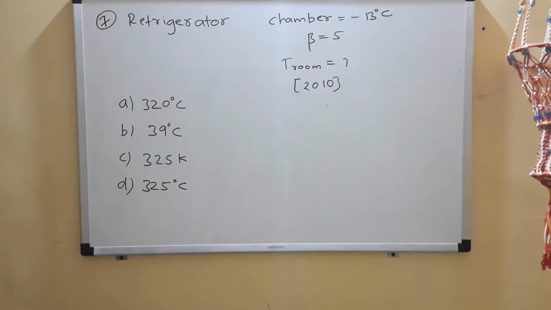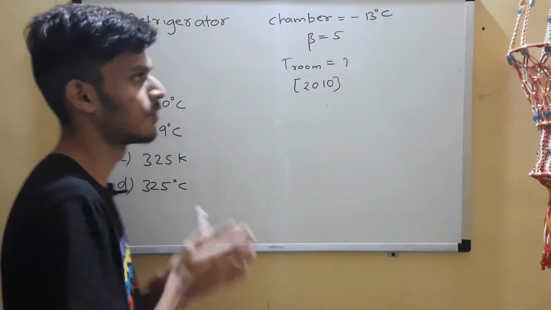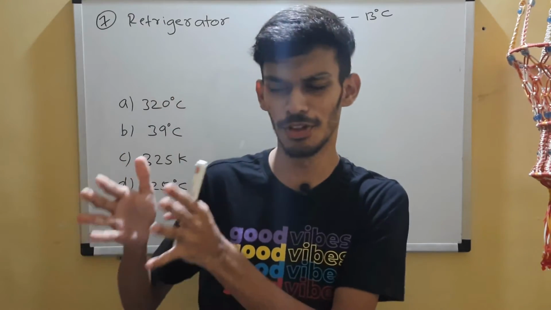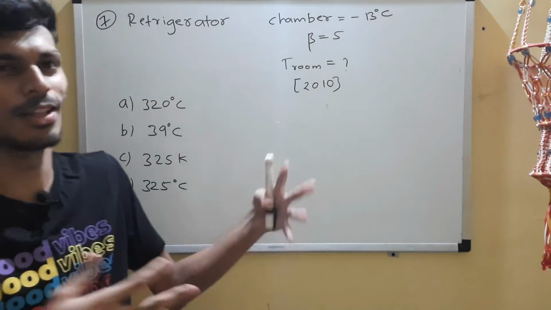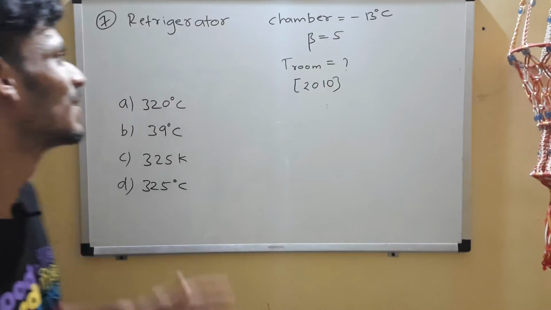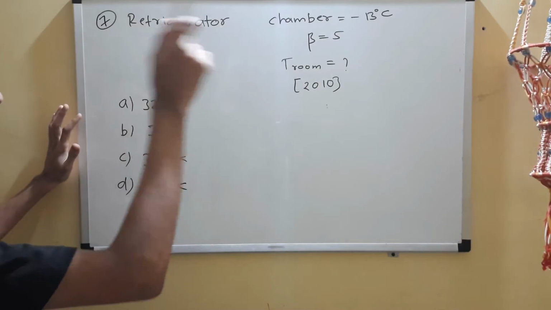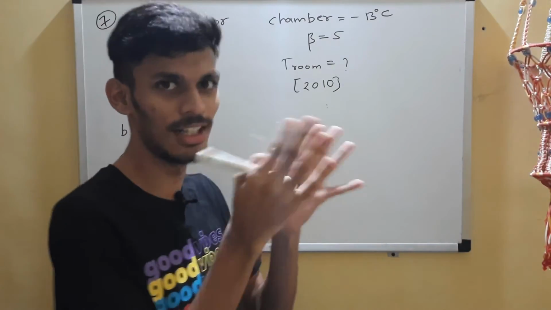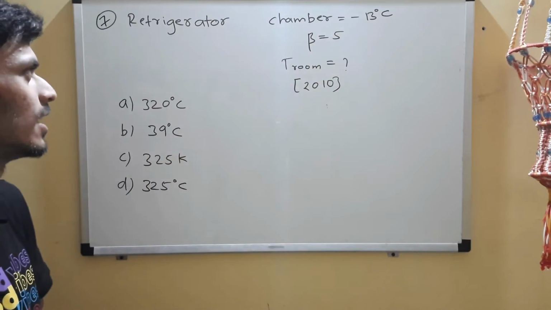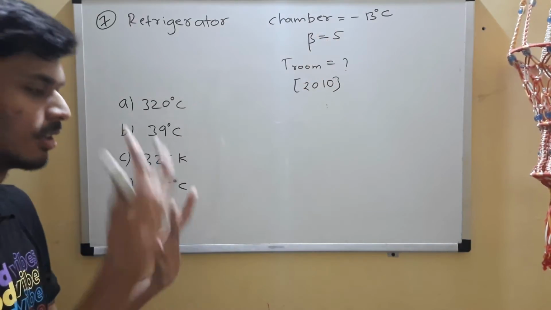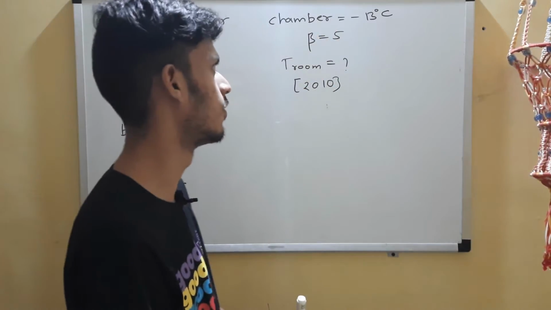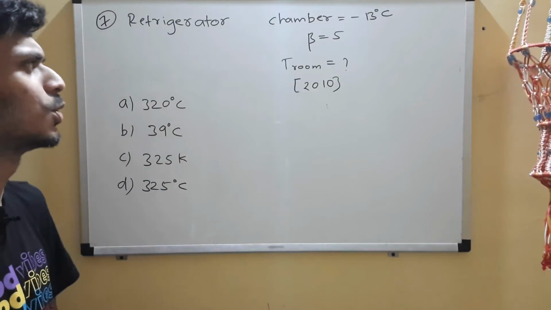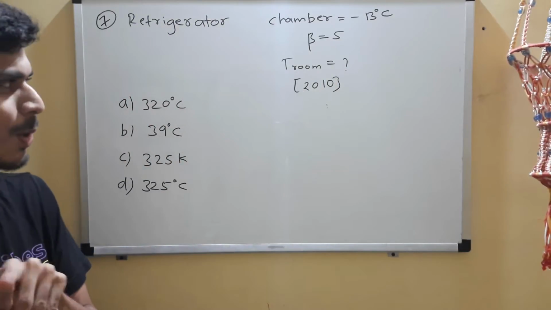So question 7 over here from 2010, it is from the refrigerator section of your thermodynamics. So I can call it a cool question, okay? In this question, it is given that the temperature inside the refrigerator chamber is minus 13 degrees Celsius. The beta, the coefficient of performance of the fridge, is 5. You are supposed to find the temperature of the room.